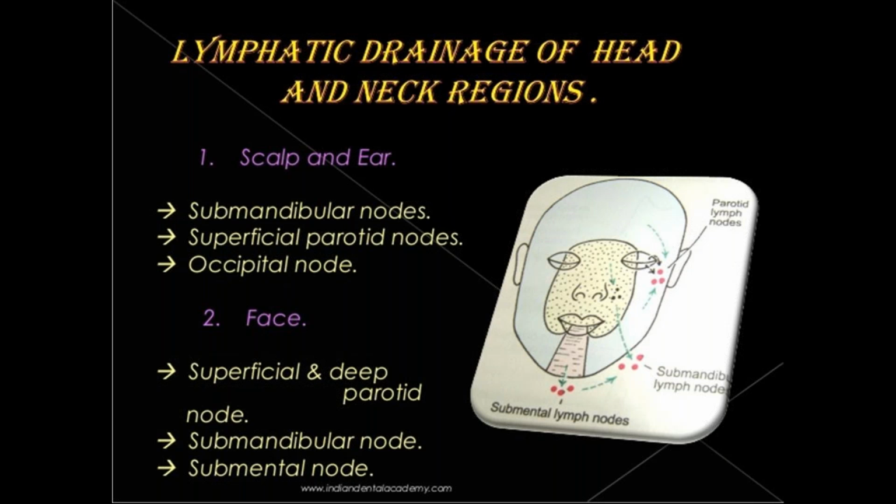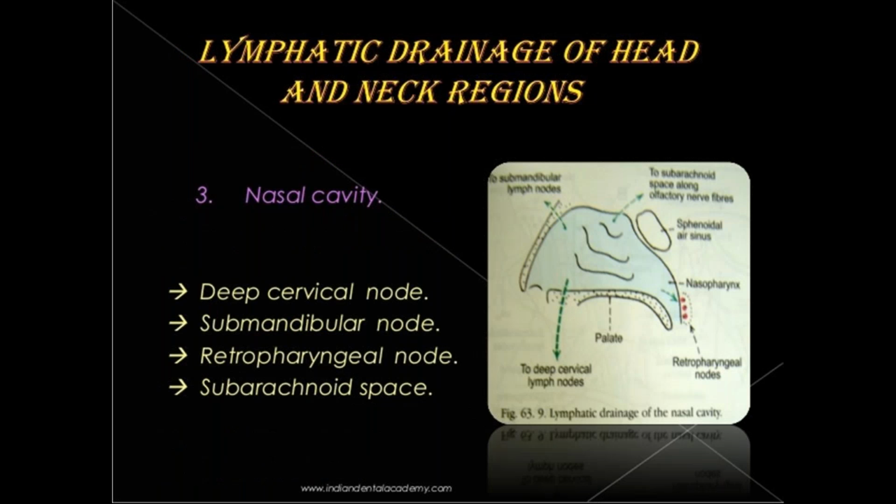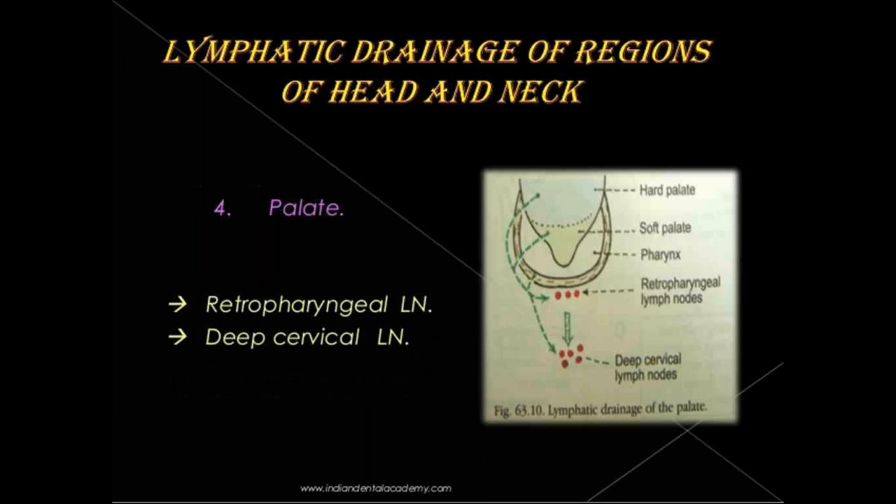So coming to the lymphatic drainage of the head and neck regions. First, the scalp and ears drain into the submandibular nodes, superficial parotid nodes and occipital nodes. The face is drained by the superficial and deep parotid nodes, submandibular and the submental nodes. The nasal cavity is drained by the deep cervical nodes, submandibular and retropharyngeal nodes. The palate is drained by the retropharyngeal lymph nodes and the deep cervical lymph nodes.